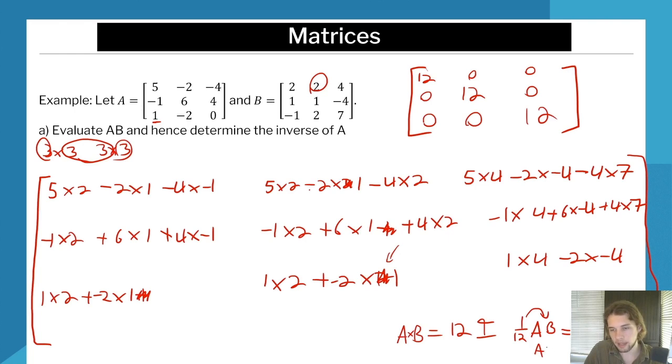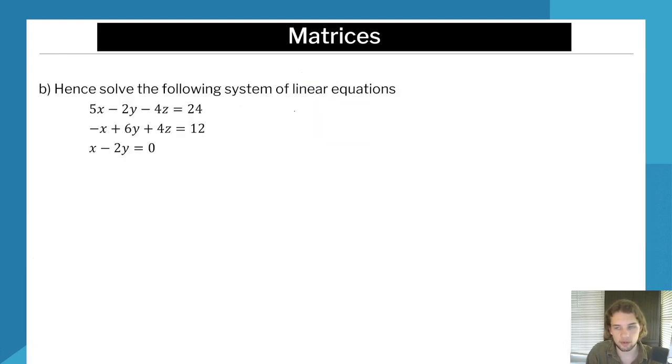So I'm actually allowed to do A times 1 over 12 B equals I. So that means I think that my inverse is equal to 1 over 12 B. And that would be 1 over 12 in front of all of this stuff here.